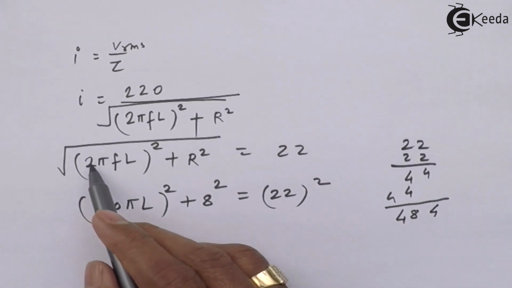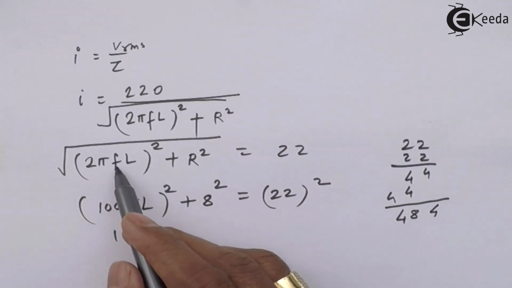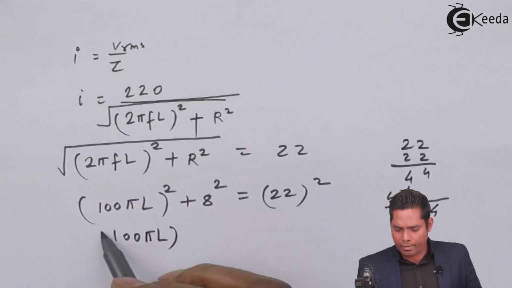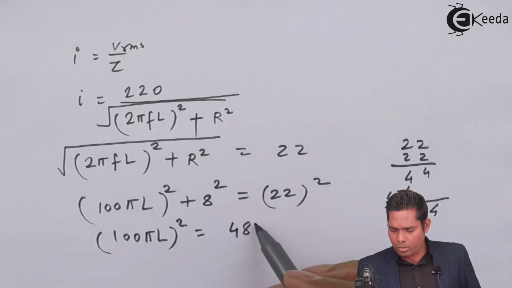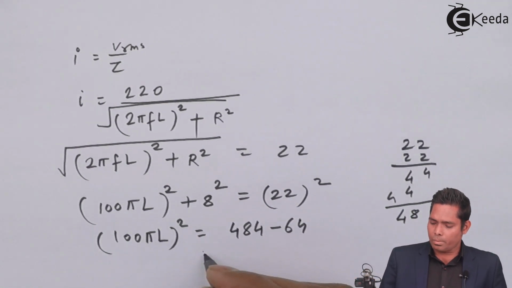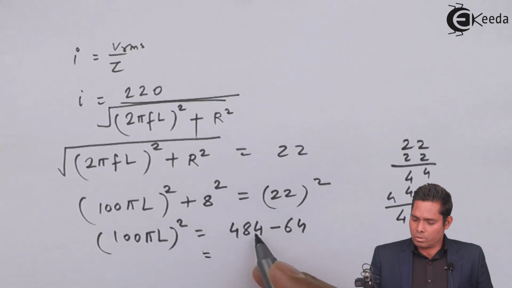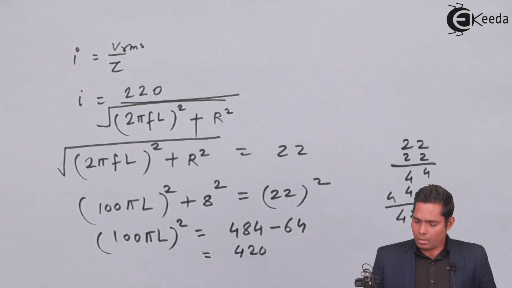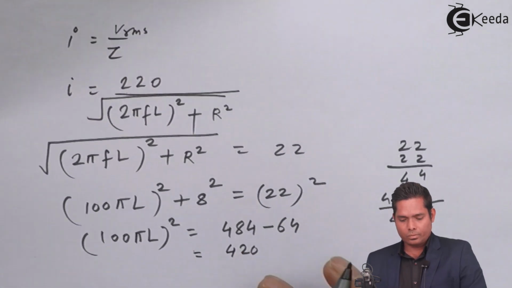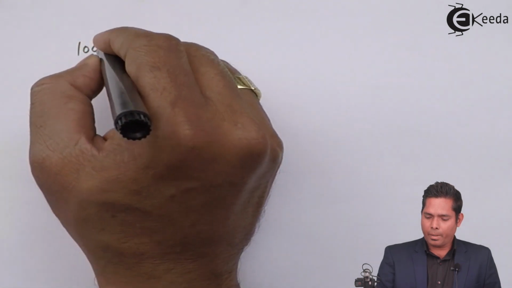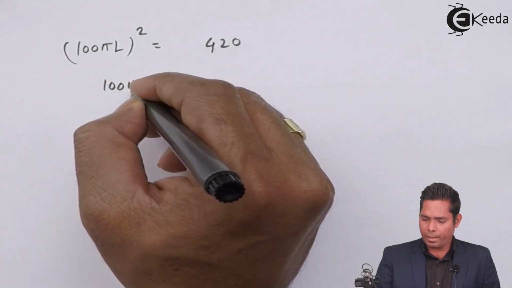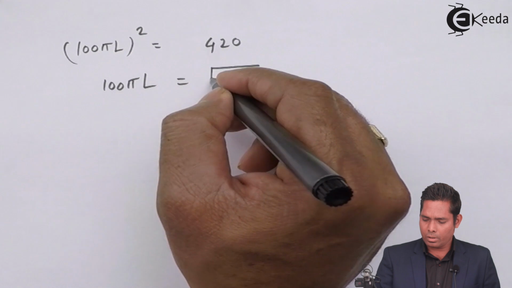Because this is 2 and this is 50 and the frequency in the question is 50, so it is 100 pi L. So (100 pi L) the square is 484 minus 64. This 64 comes to this side. So this comes out to be 420. Now (100 pi L) the whole square is 420. So 100 pi L is the square root of 420.